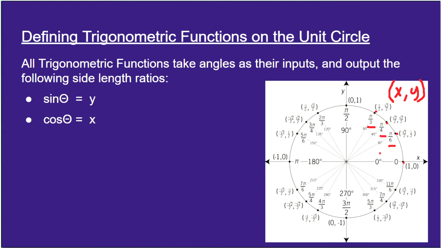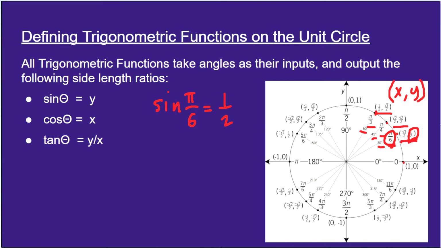See, these are all the angles: pi over 6, pi over 4, pi over 3, 30 degrees, 45 degrees, 60 degrees. And each one of these angles has its own coordinate pair. So what we're saying is that the sine of that angle is equal to the y coordinate, right? So for example, the sine of pi over 6, as we said before, is equal to 1/2. And that's because at pi over 6, the y coordinate is 1/2 here, right? All right, let's keep going.